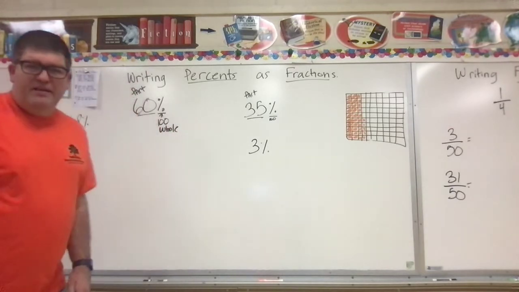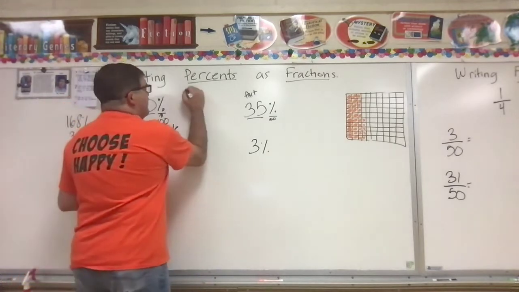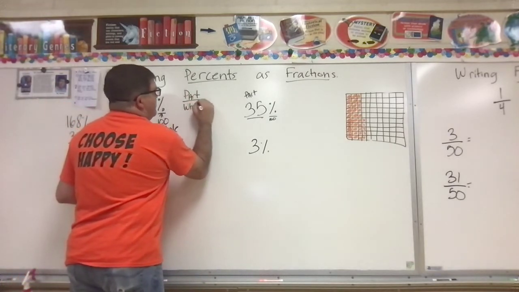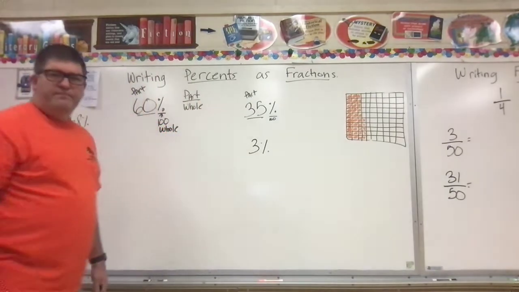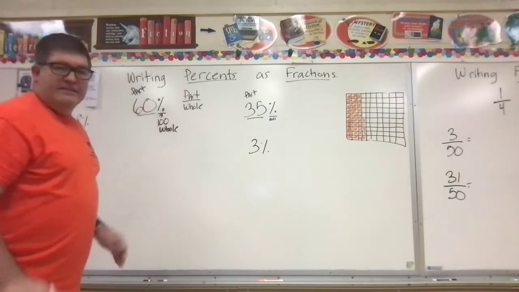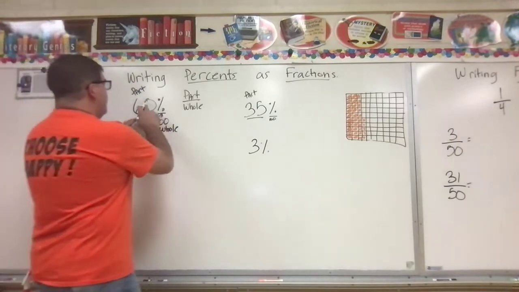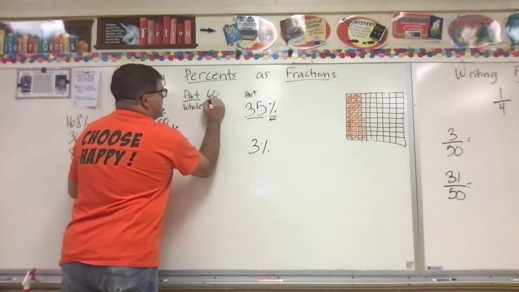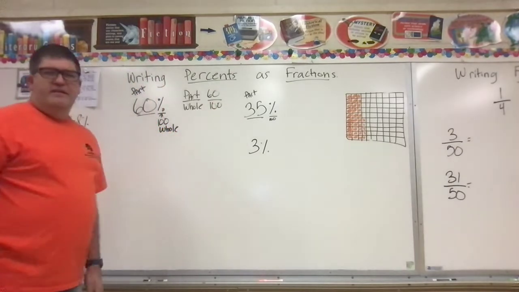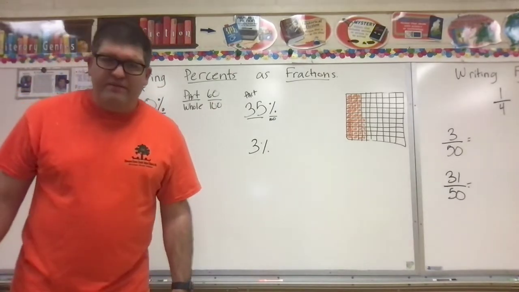If you remember anything about fractions, you remember a fraction is part on top and whole on the bottom. So then the way we convert 60% to a fraction, we put the 60, which is the part, over the percent, which is 100. 60 over 100.